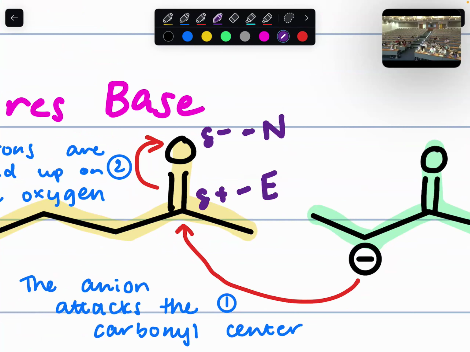And this one is nucleophilic. So an anion, would you say that's electron rich or deficient? Rich. So we also have a nucleophile here. Our nucleophile is going to attack the electrophile, indicated by this red arrow, and then that pushes electrons up onto the oxygen. Because it's electronegative, it has the ability to hold on to more lone pairs and still be stable.